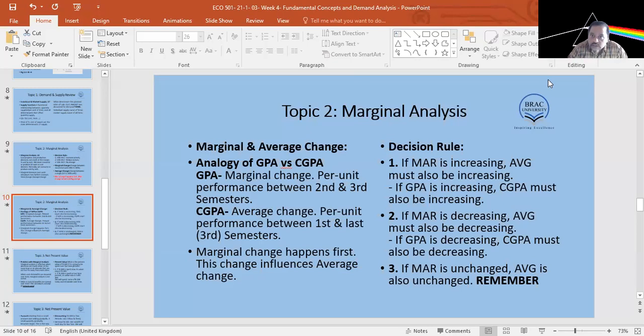If marginal change is decreasing, average change will also decrease. And if your GPA is the same as it was in the last semester, then there will be no change in your CGPA. So if marginal change is unchanged, average is also unchanged. This is something that we can remember if we think that GPA is the marginal change, CGPA is the total average change.